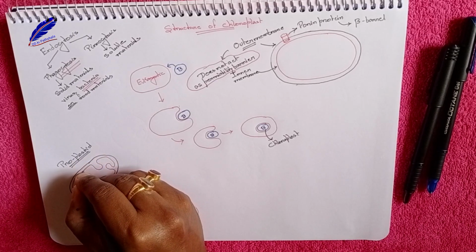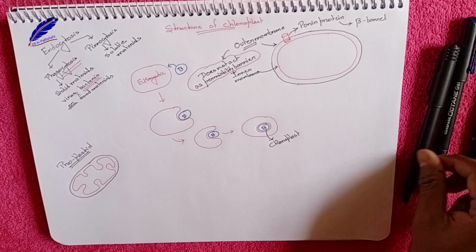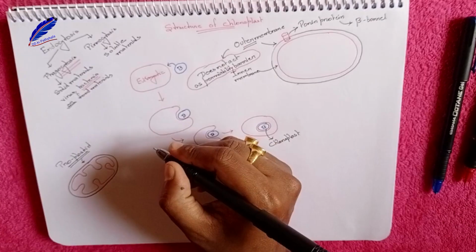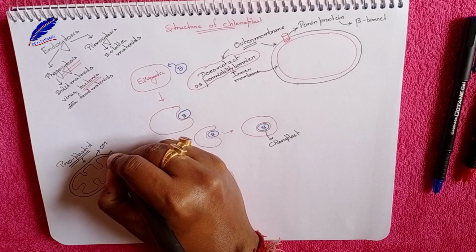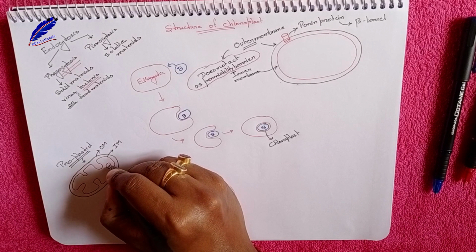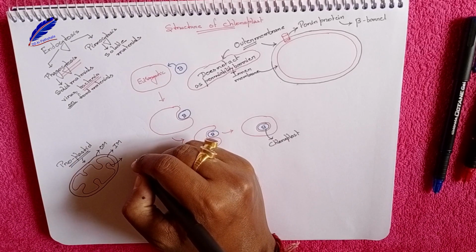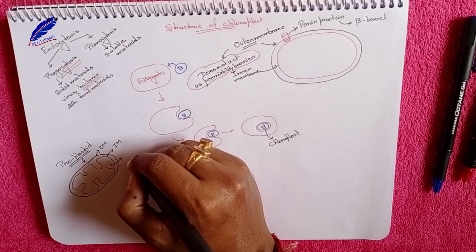So the structure of proplastid is somewhat like the structure of mitochondria. This is called proplastid. This is the outer membrane, this is the inner membrane, and these are the crevices which we called in case of mitochondria as cisternae.